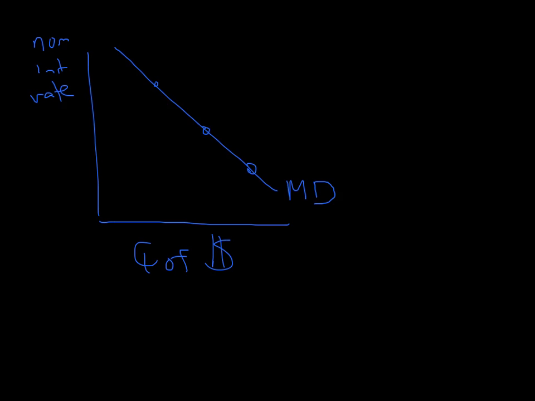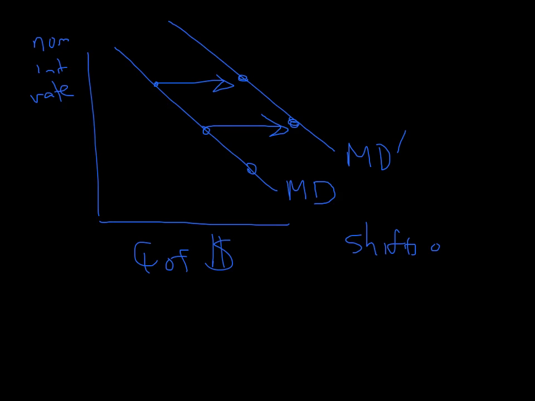But we want to look at why is it that there's an increase in the money demand? At any particular nominal interest rate, why is it that there certainly would be more money demanded held outside of the bank? What changes would affect that? Well, the first one is, these are the shifts of the money demand curve. These are external factors not relating to the nominal interest rate.